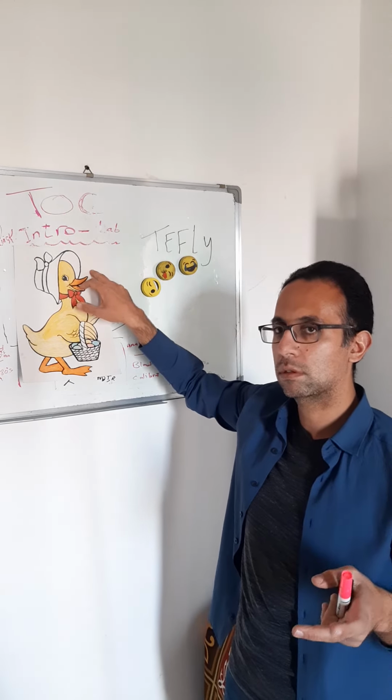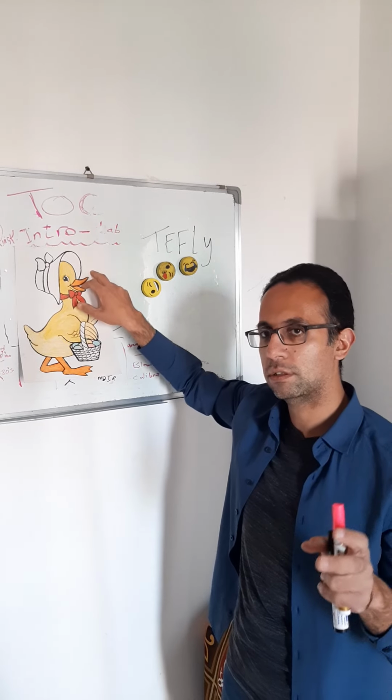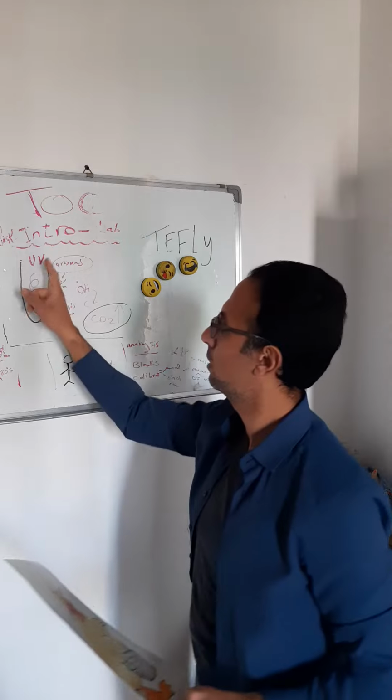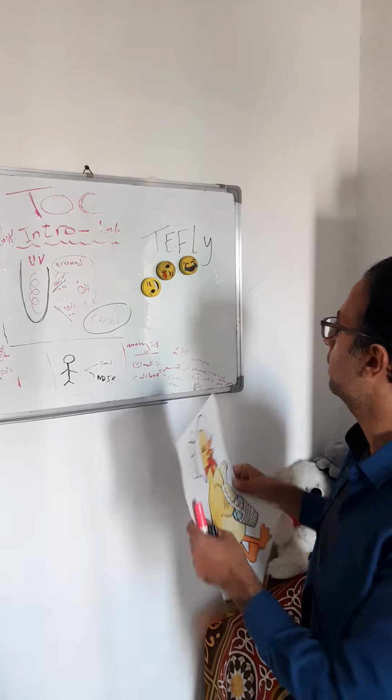We may use a type of radiation, like spectrum, near, UV.